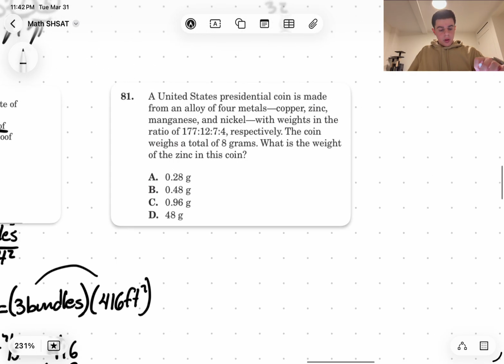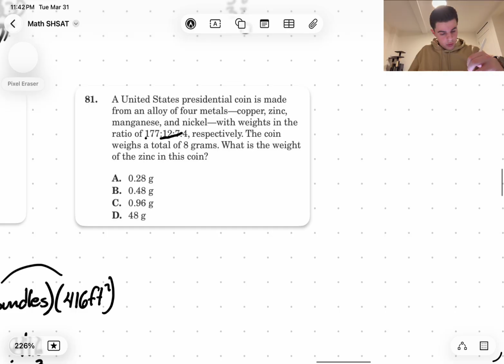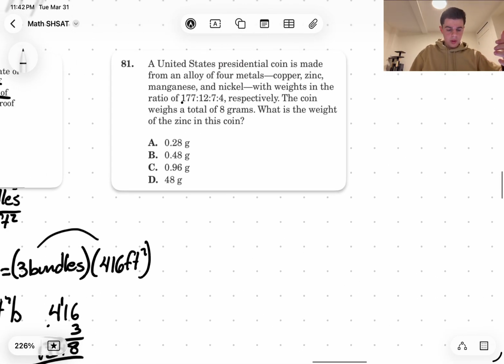Now we have our last question here. A United States presidential coin is made from an alloy of 4 metals: copper, zinc, manganese, and nickel, with weights in the ratio of 177 to 12 to 7 to 4 respectively. The coin weighs a total of 8 grams. What is the weight of zinc in this coin?